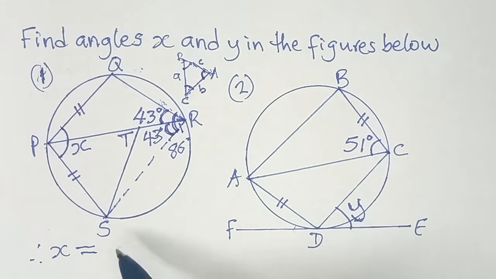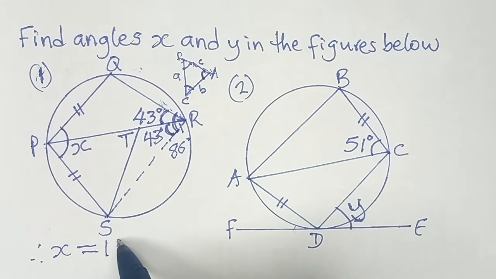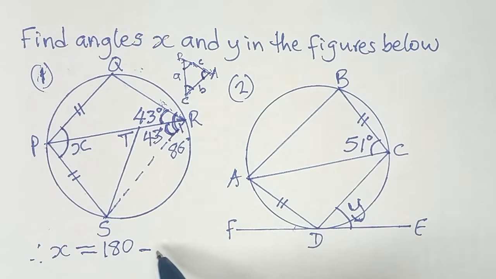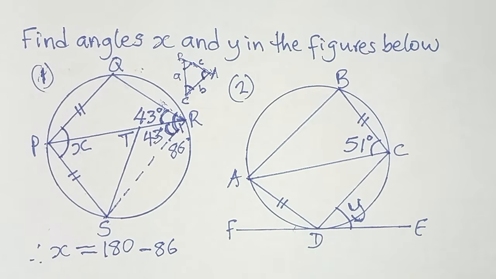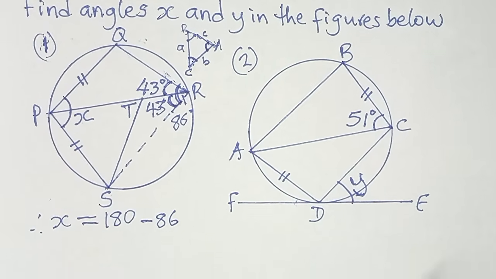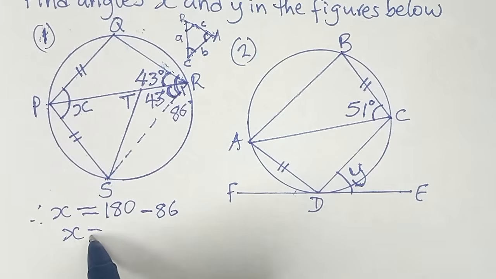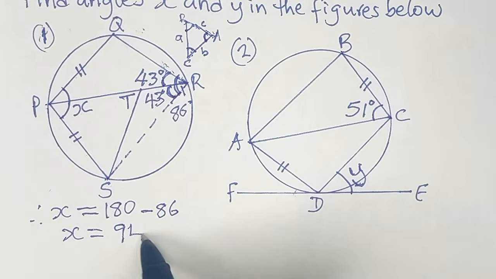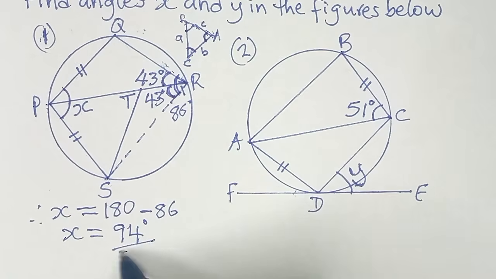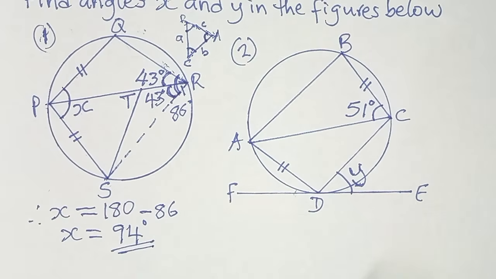So to get angle X, we are simply going to say 180, which is their sum, minus this angle 86. And that will give us the value of angle X as equal to 94 degrees. So angle X is 94 degrees. So that's the value for angle X.